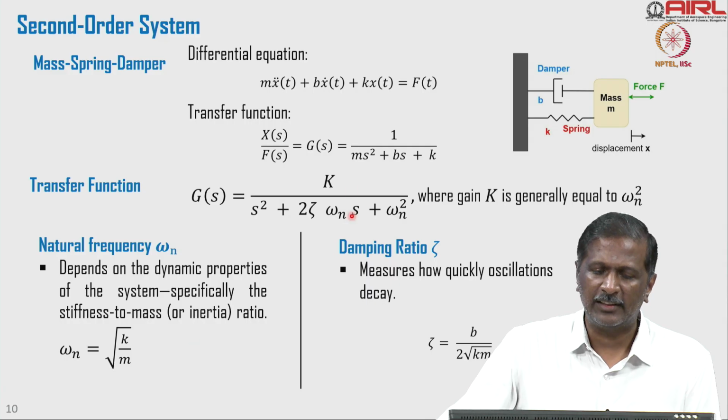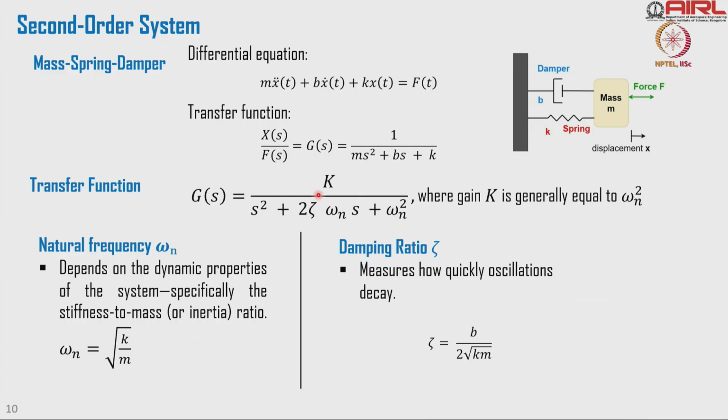You have another constant here, zeta, which is the damping ratio. It measures how quickly the oscillations decay, how fast the response dies down. Zeta is equal to b by 2 square root of km.